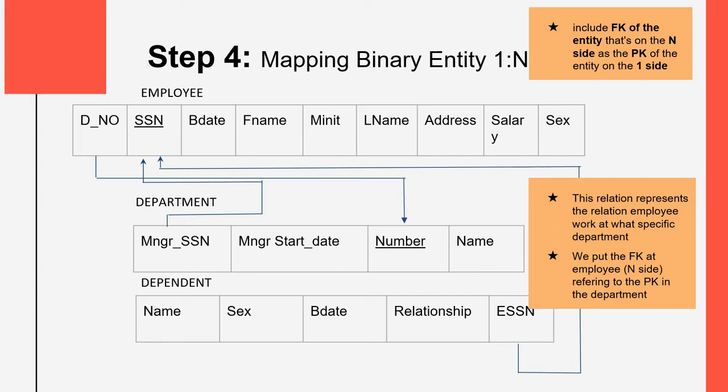So here, the corresponding entities are the employee and the department. The relationship is that an employee works at a specific department. So the employee is the n side. The n side is at the corresponding entity employee. So we put the foreign key of the department number here, referring to the primary key at the department.